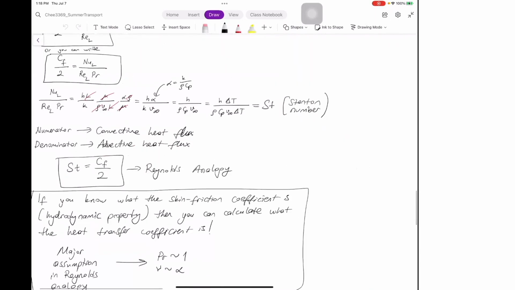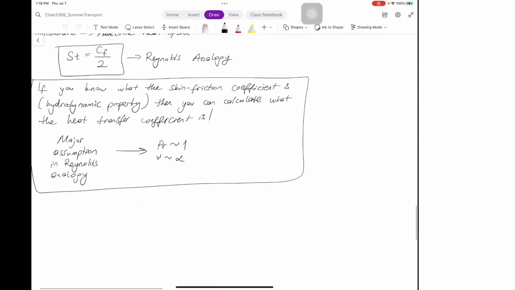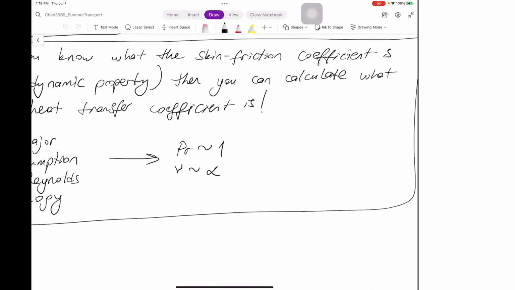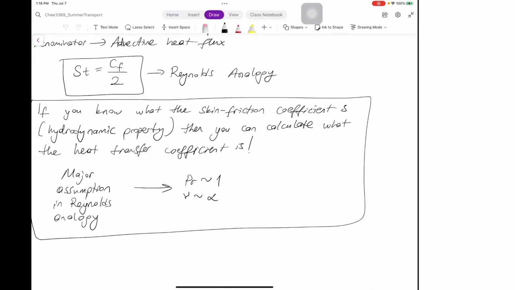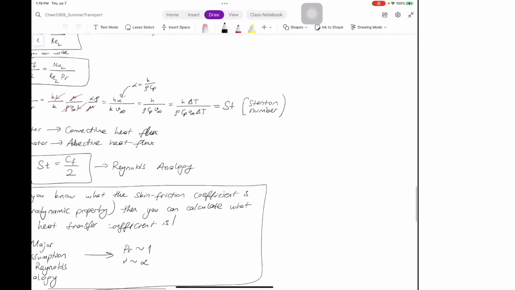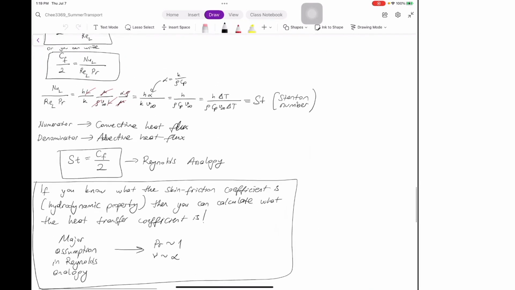Okay, there you go. If the Prandtl number is approximately 1, we said we can use the Reynolds analogy. For this case, it's a perfect example because the air has a Prandtl number almost equal to 1. It's 0.7, so it's very close to 1. So you can use the Reynolds analogy.